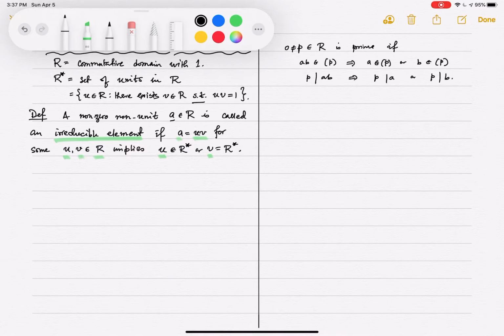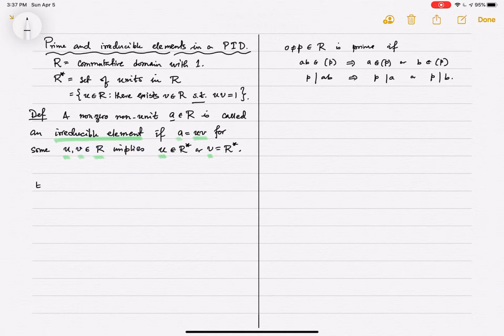So, example. Units and irreducibles. Irreducibles in Z are plus or minus primes, P a prime.